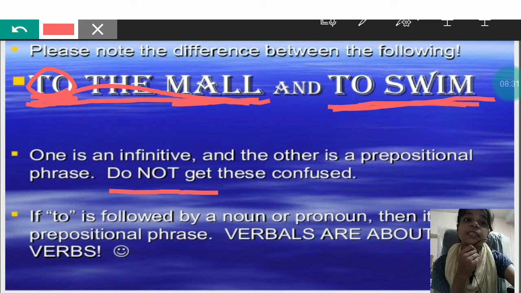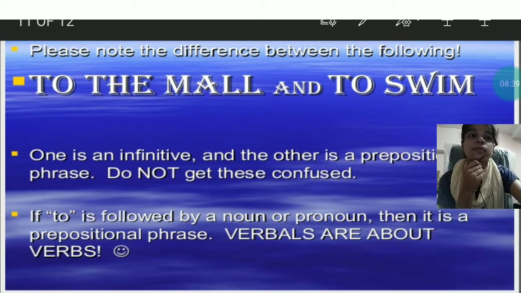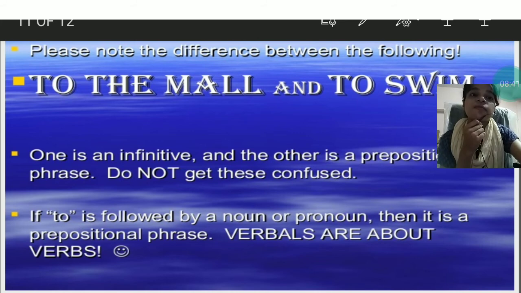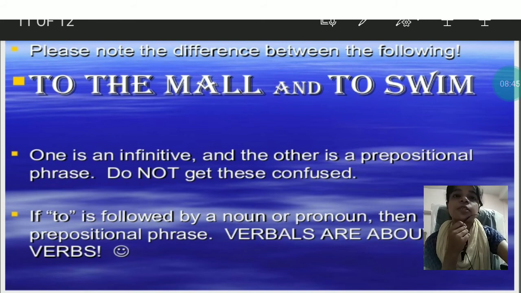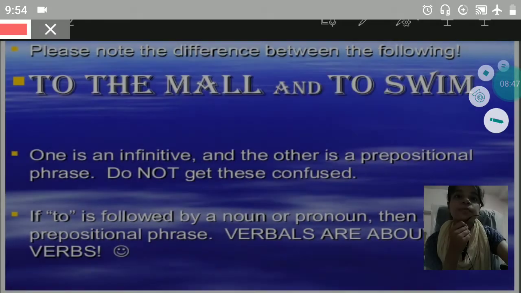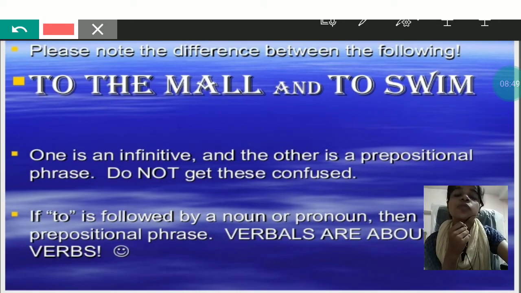Don't get these confused. If to is followed by a noun or pronoun, then it is a prepositional phrase. So see, here, to the mall. In this sentence, we are using to, but after that we are using a noun.